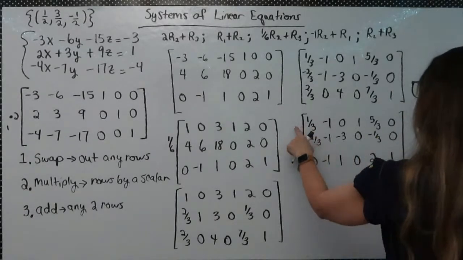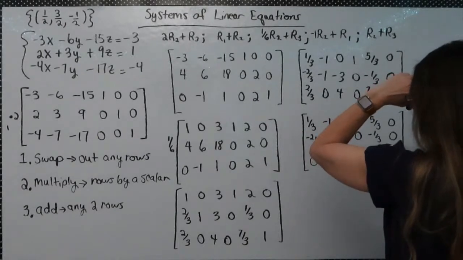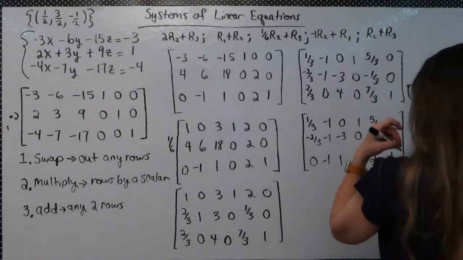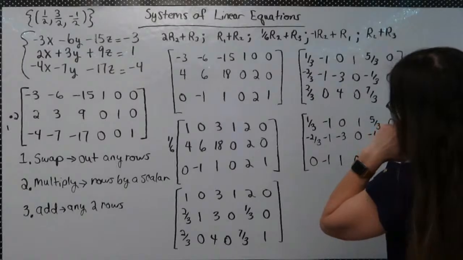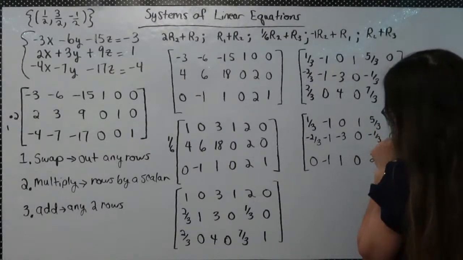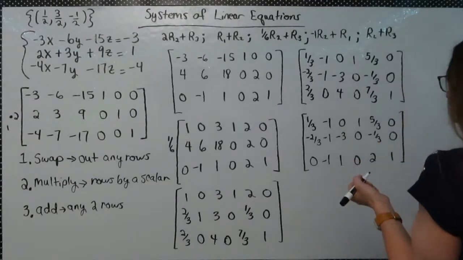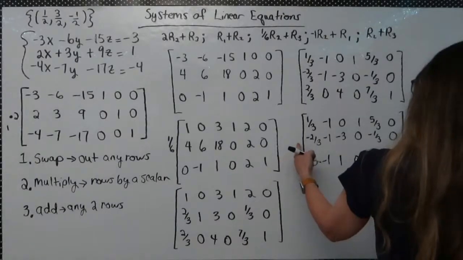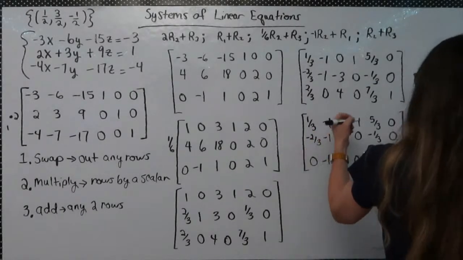Let's multiply row 1 by 3 and multiply row 2 by 3. And then this is where reciprocals really come in handy. We're going to multiply row 2 by 3 over 2 and add them.